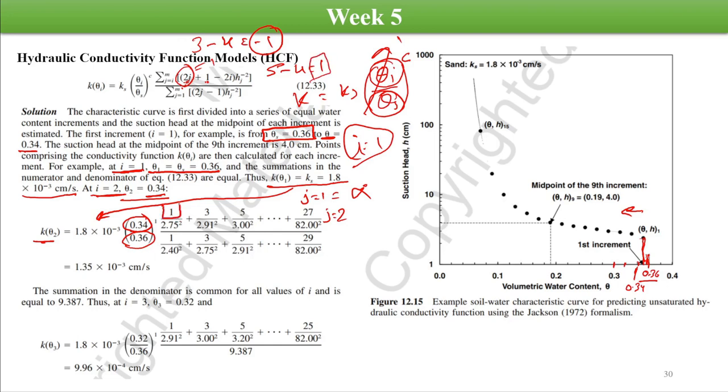So we'll write 1 divided by h square. What is h? H is the mean value of the suction head at this particular increment.